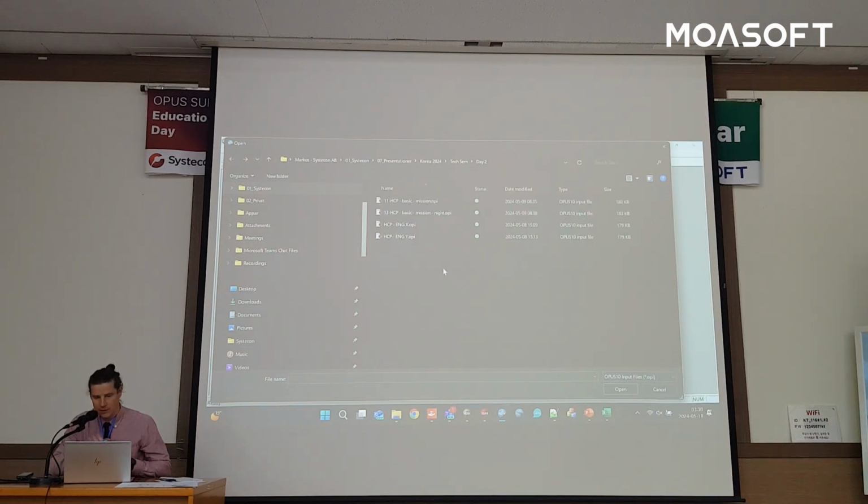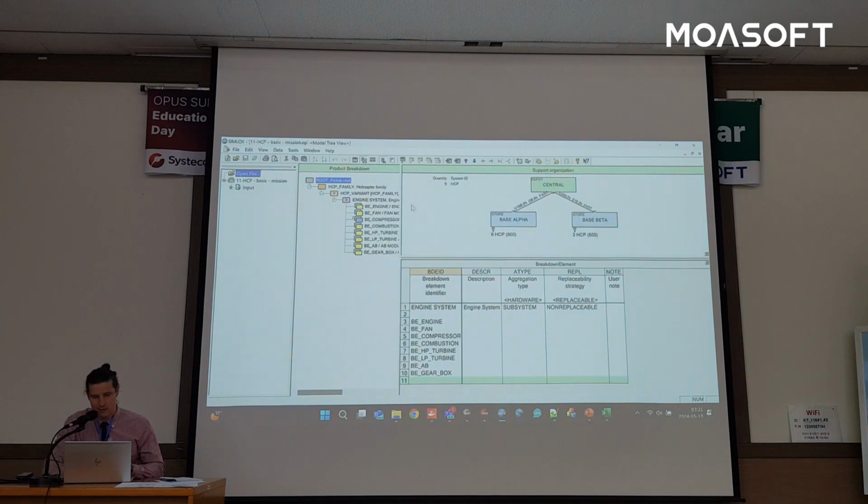And again, as I talked about yesterday, the suite is really integrated, so we can work with the same models in all of the tools. Before, in the optimization, we were working with the OPI files, but we can use them both for the cost calculation that I did before, but also here for the simulation. So I have prepared a file here, and it's a continuation of what we did yesterday, if you remember this helicopter variant that we were looking at.